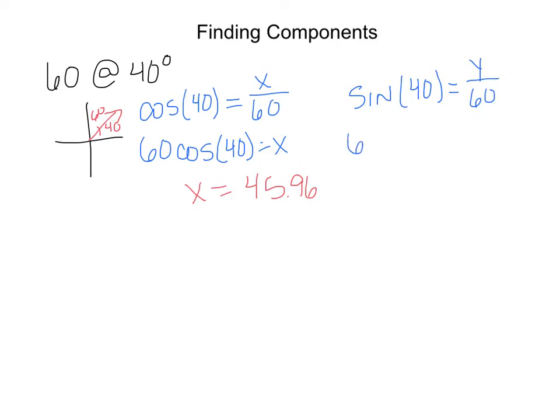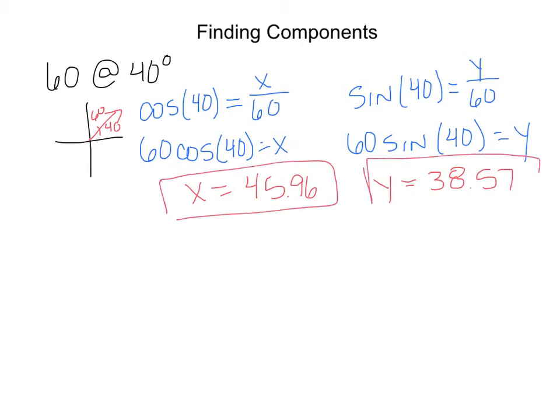We're going to end up with 60 times the sine of 40 giving us the y component. We'll get our calculator to help us out with that as well, and we end up with a y component of approximately 38.57. So those are the two components of this particular vector.